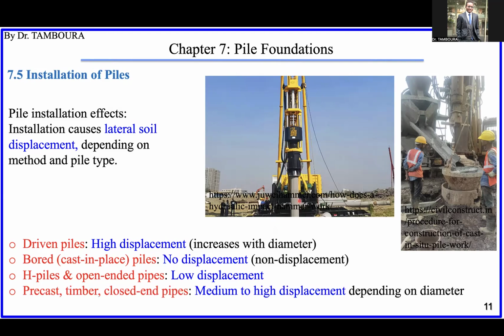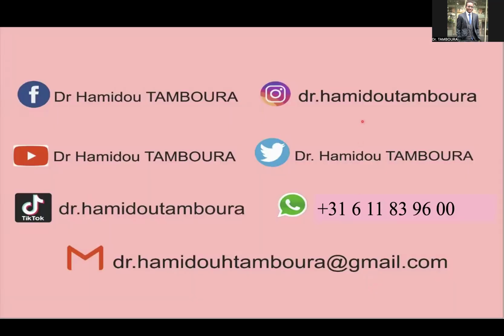This is a volume pile. Same here: if you have a closed end pile or precast pile like this one, or timber pile, they will cause some displacement depending on the diameter. It can be medium to very high displacement. Okay, that's all for this part. Thank you very much for your time and see you next time.